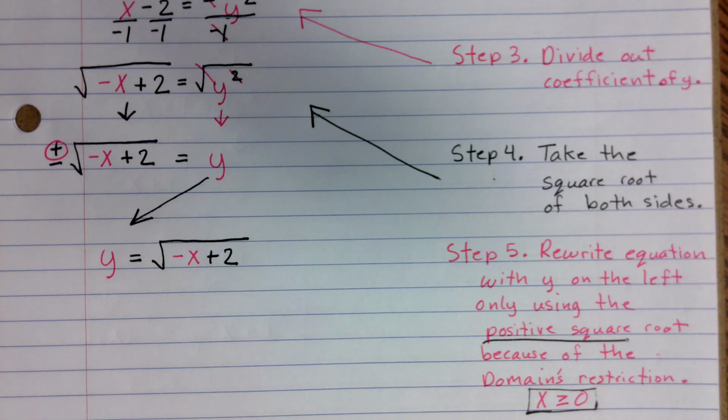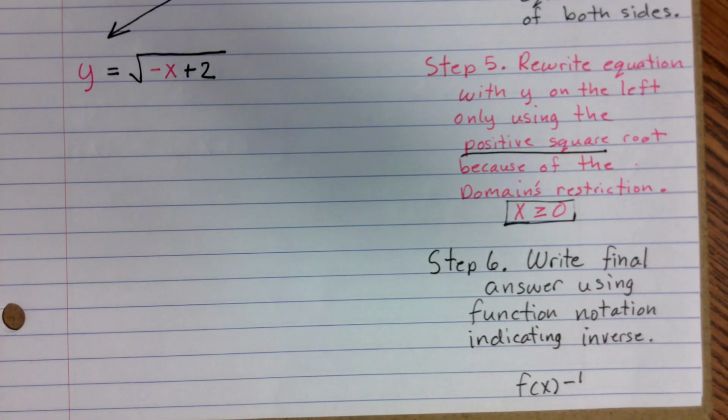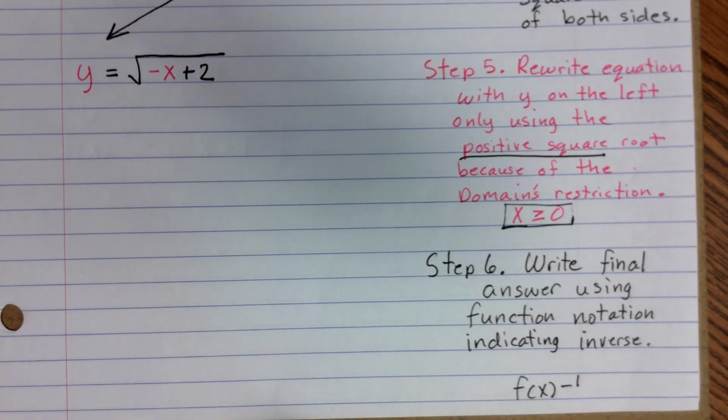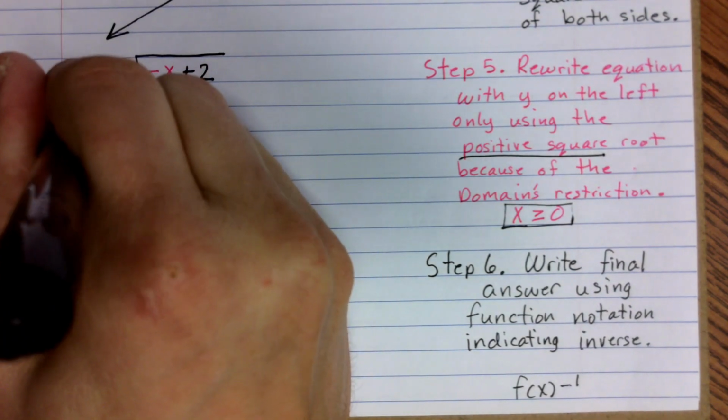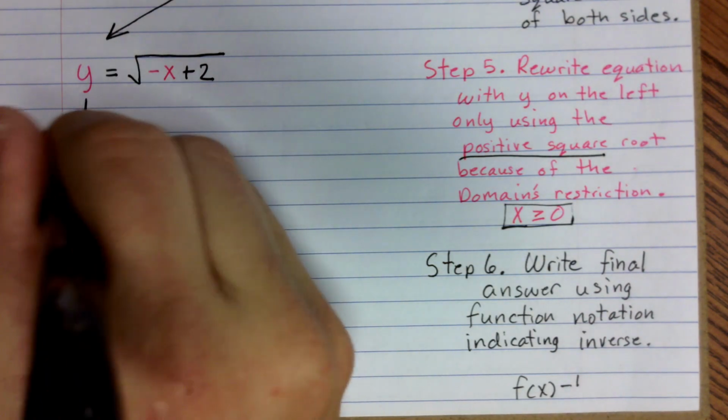We're almost done at this point, and now we're going to go to our final step. So our final step, step 6, is we're going to write the final answer using function notation indicating that it is an inverse. So that y that we had converted from f of x, we're going to convert it back to f of x.